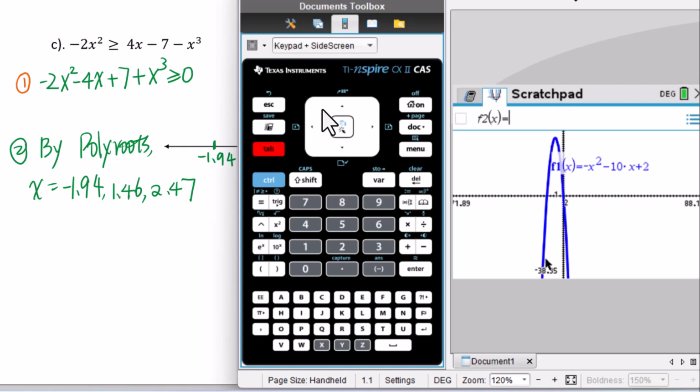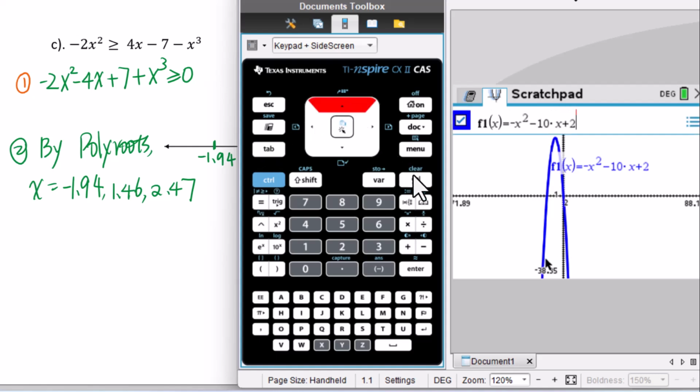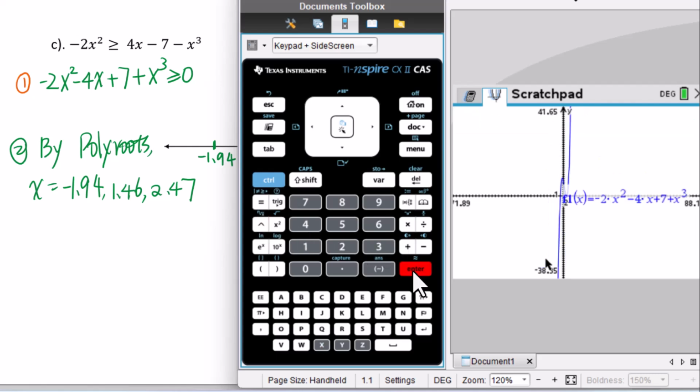Tab, upper arrow, delete. Negative 2x squared minus 4x plus 7 plus x to the third power. Enter.